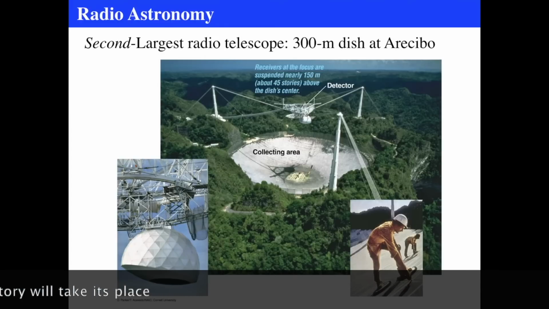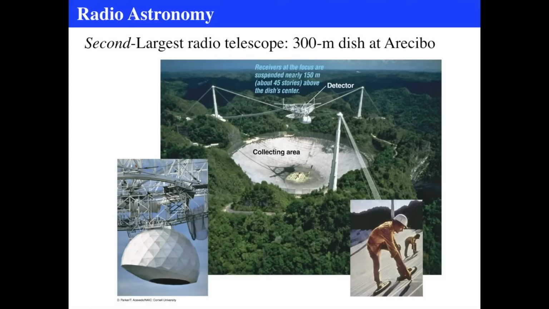But what can be done is you can put the detector at different locations, and that allows you to look at mostly things towards the zenith or straight overhead. But you can get some off-axis things with work. But basically the collecting area is an enormous dish, and that enormous dish at 300 meters gets kind of dirty, but that's not a big deal because what's being reflected is radio waves. So they're long wavelengths, so you just occasionally have some people go clean it out.